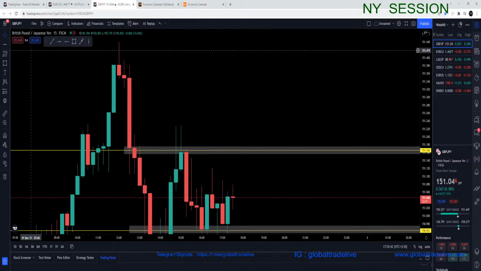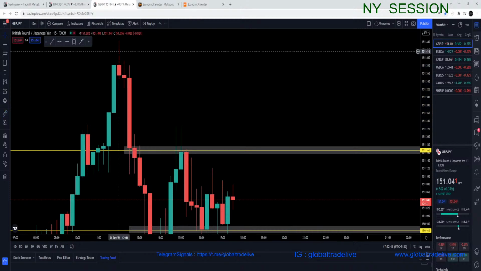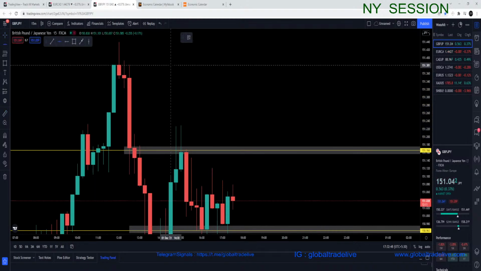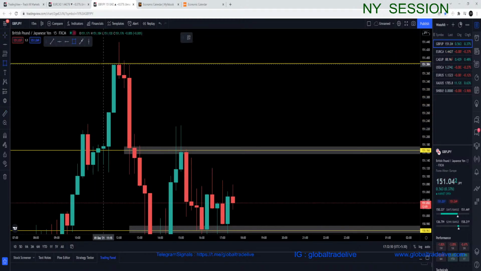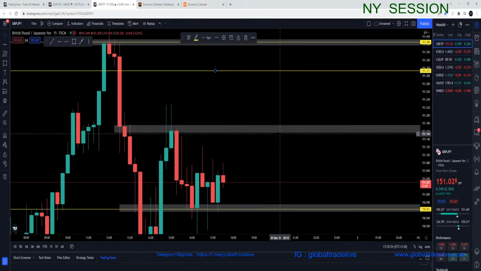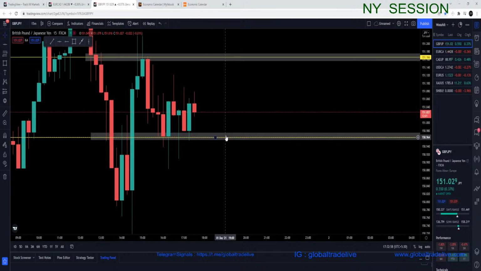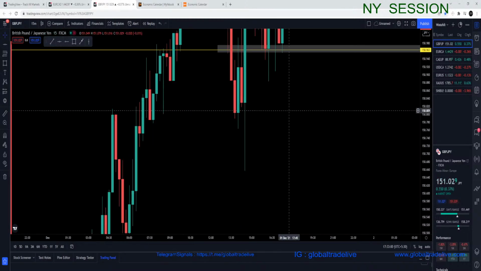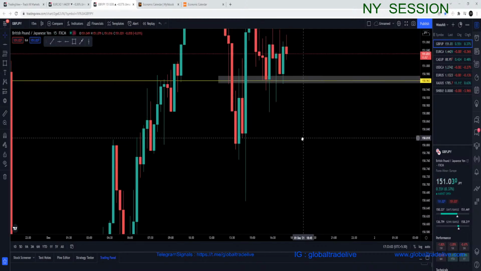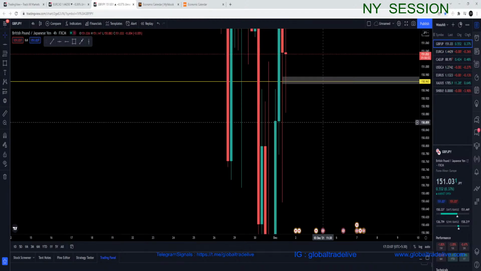But the range is really good for buys in the 15 minutes. The range is about 20 pips, 21 pips. So this can be my buy zone, and this can be my sell zone over here. But the sell zone, I'm not sure, because I'm not expecting the market to move down.